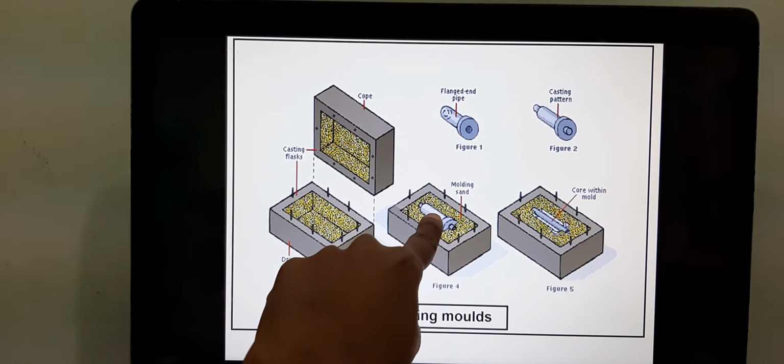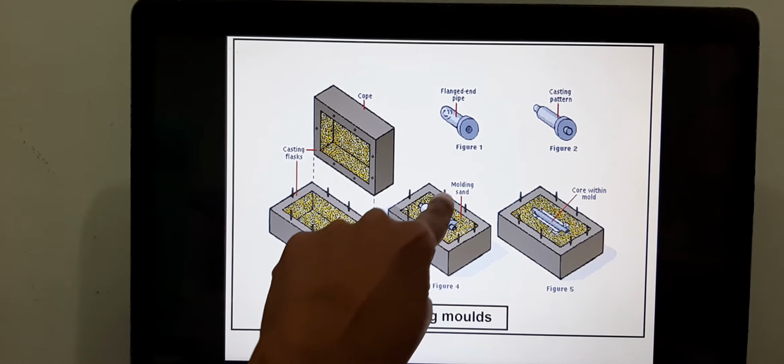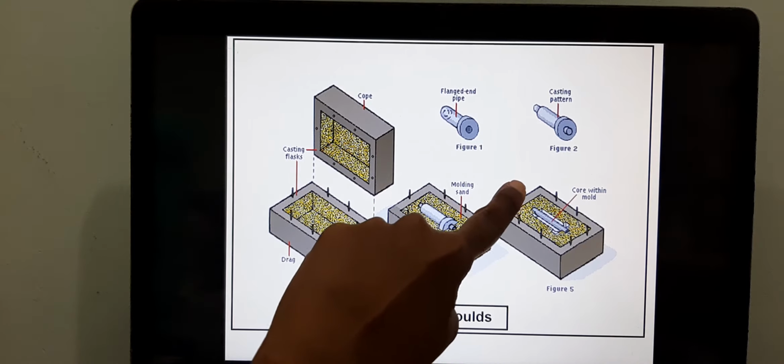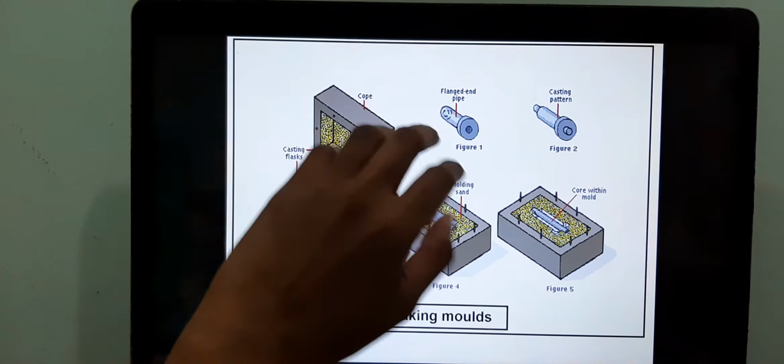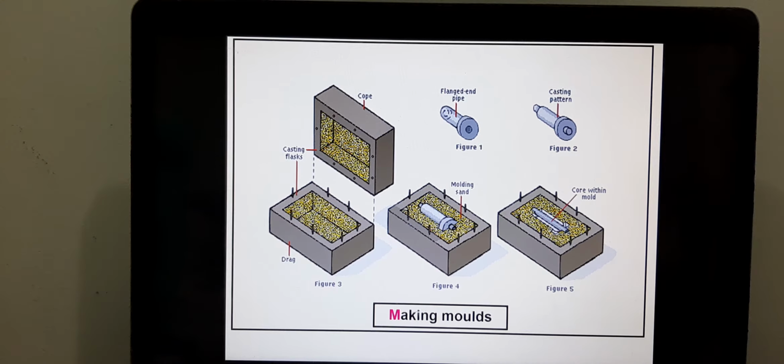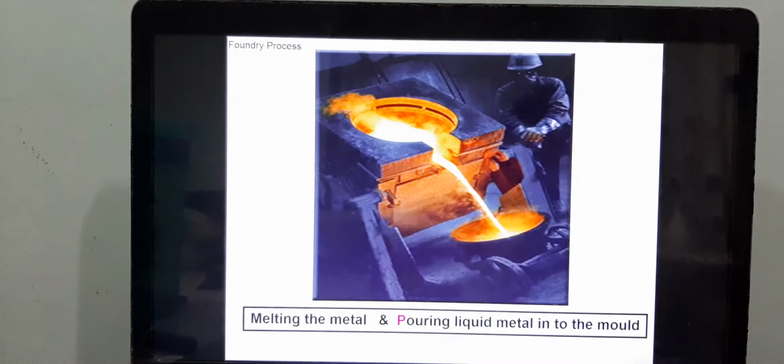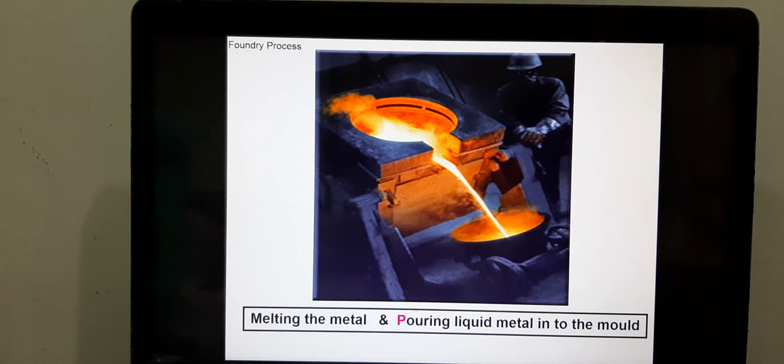Half of the pattern, which we call a wood pattern, will go into the cope, and the other half will go into the drag. And then when you combine them together, you get a complete mold structure. We'll talk about that further.